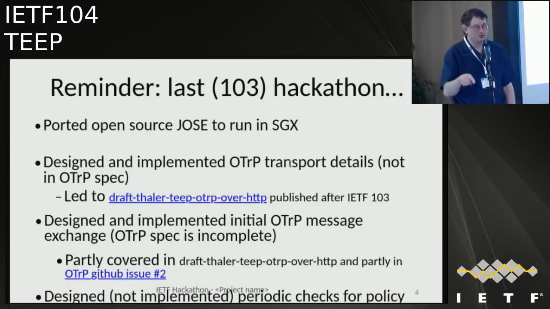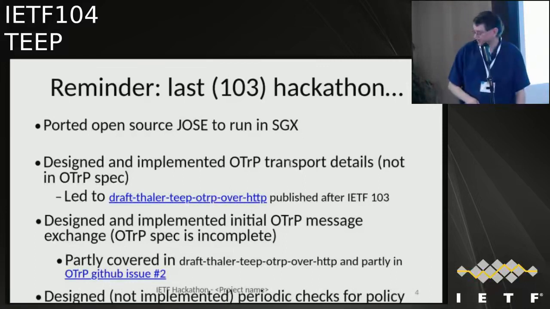Once issue number 2 is addressed, both documents will correctly cover their pieces of it. Since the OTRP protocol has not been updated, to find the proposal you have to look at the GitHub issue. You can move on unless there are other questions.